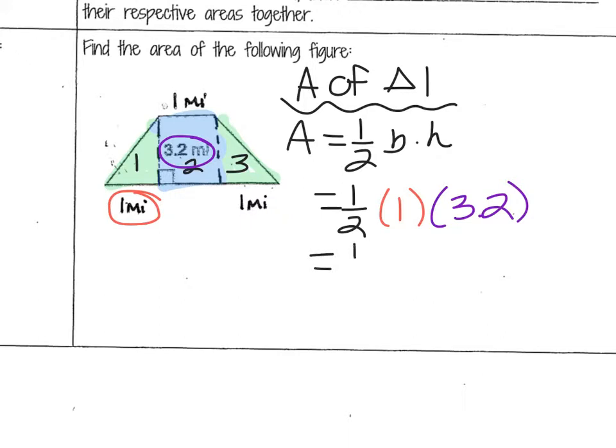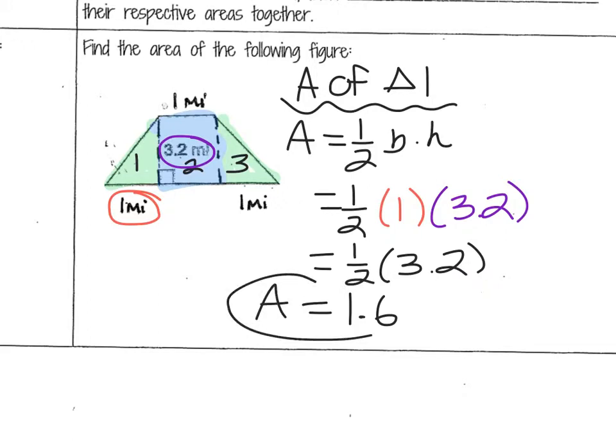So that's going to equal 1/2 times 3.2. 1/2 of 3.2 is 1.6. So I'm going to circle that so I can keep it for later.